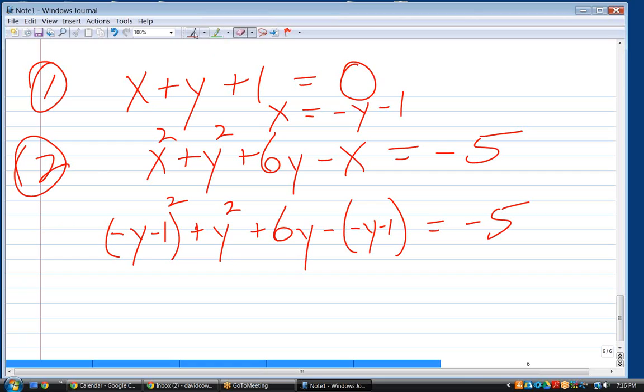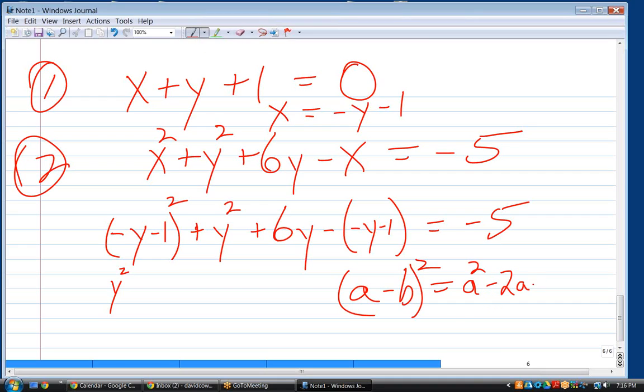So now help me solve this. What's this over here? Y squared minus... What's (a minus b) squared equal? Y squared... 2y.